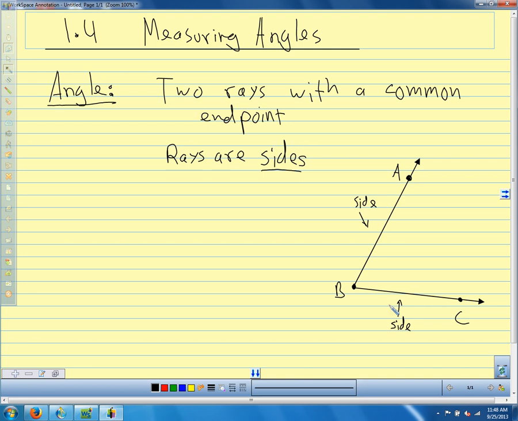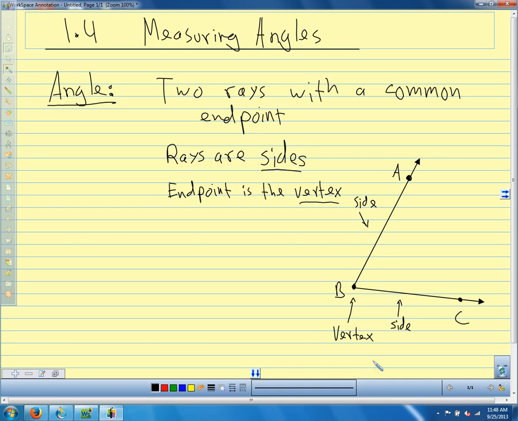And we call the endpoint the vertex. So this would be another fact or characteristic. The endpoint is a vertex. So this is my vertex.